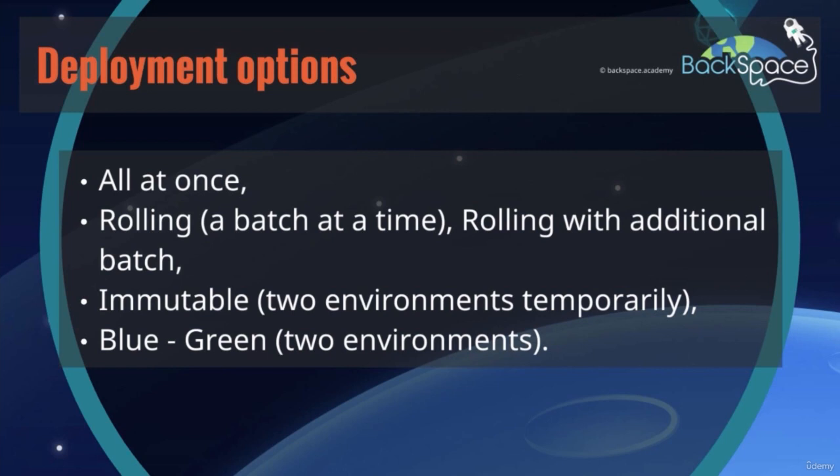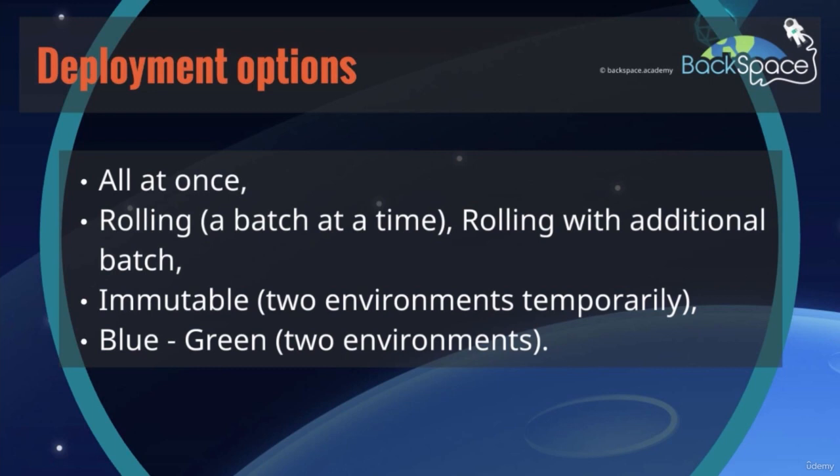Another option is to do a rolling deployment, and that will deploy your application to a single batch at a time. What that means is that if you've got 20 EC2 instances, it can deploy to, say, 2 at a time. So you're not going to be down by much. You're just going to be down from 20 instances to 18 instances, but your architecture will still be responding to requests.